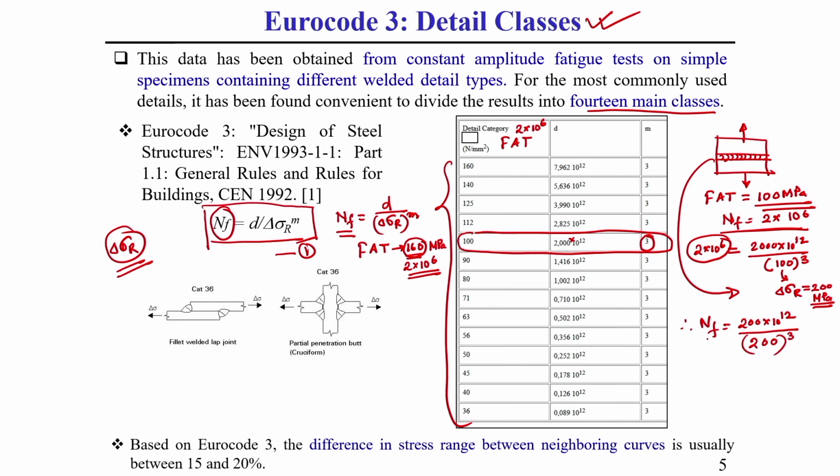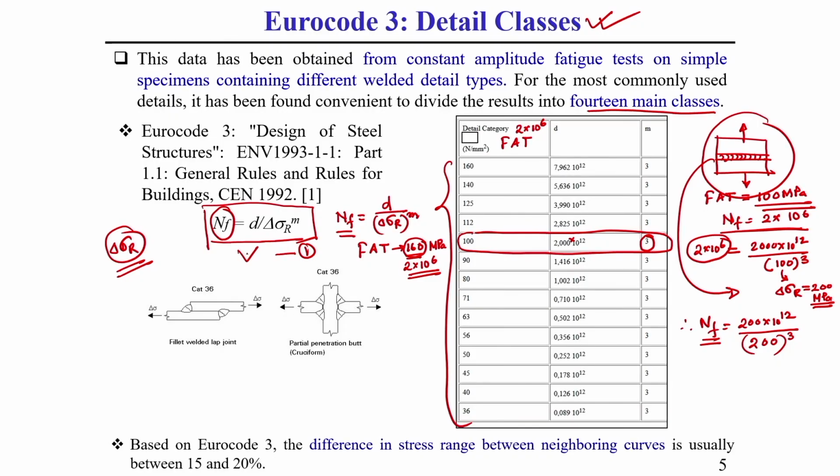Here m will be 3, because you need to use that curve information, because this type of weld geometry is for a fat class of 100, understand. So, based on these things, for different stress ranges for that type of joint geometry, you can easily calculate the fatigue life using this formula.